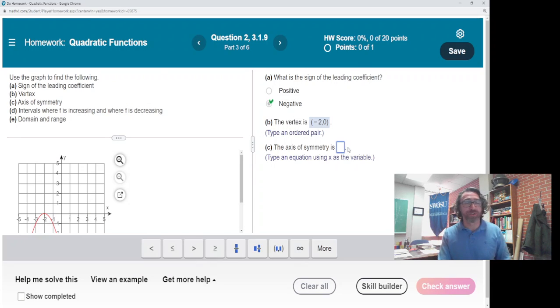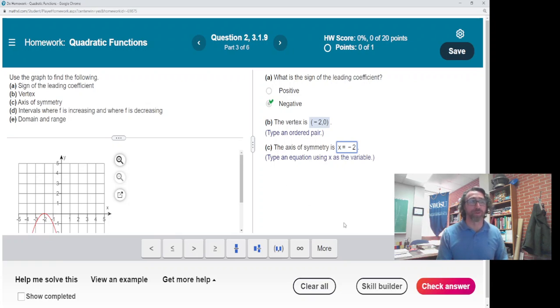The axis of symmetry. Now, you'll remember I actually made quite a bit of use of the axis of symmetry when I was plotting these graphs by hand. And the axis of symmetry is a vertical line going through the vertex of your quadratic function. So in this case, x equals -2.